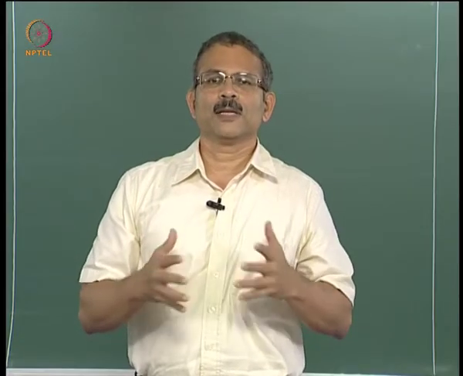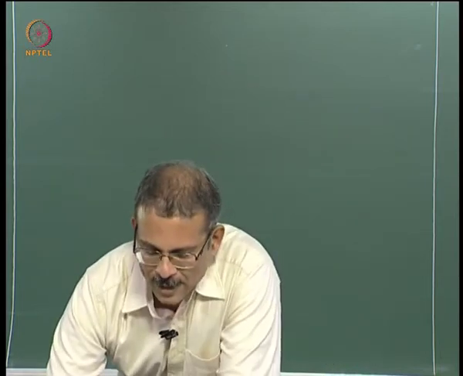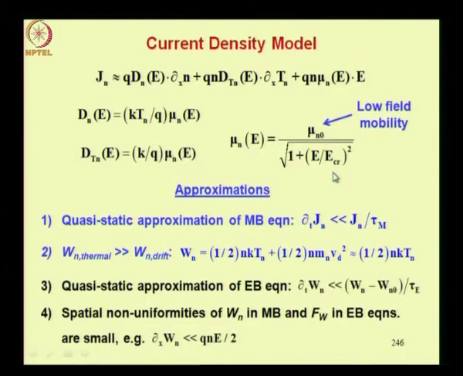We modeled the velocity field relation from the balance equations. Therefore, you will recall from that modeling exercise that there are some approximations associated with this result also. Those are the quasi-static approximation of the energy balance equation, in which we neglect the dou Wn by dou t term.